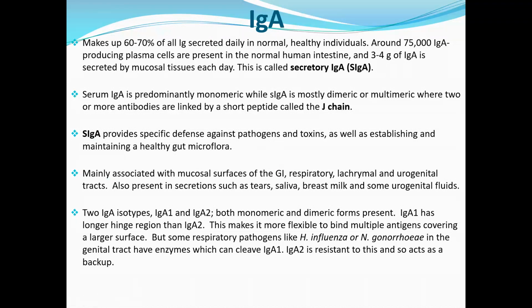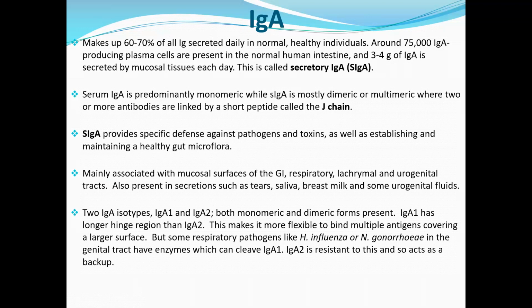So this then, having two IgA molecules, you have 4 binding sites through the FAB, but it also allows for that dimer, that dimeric IgA, to cover a much wider surface area.